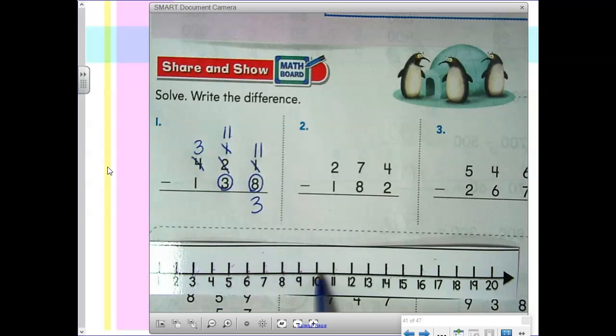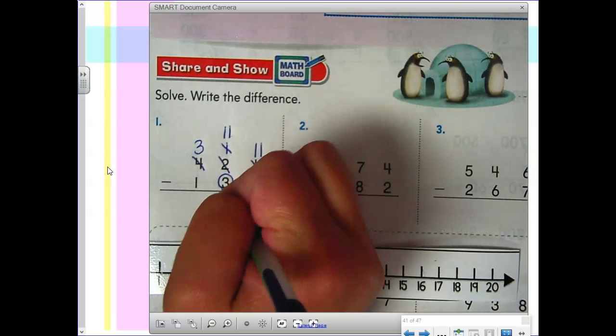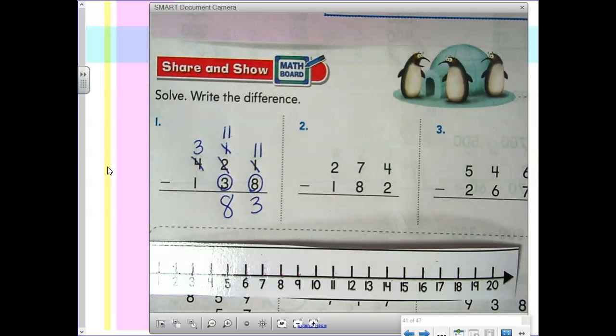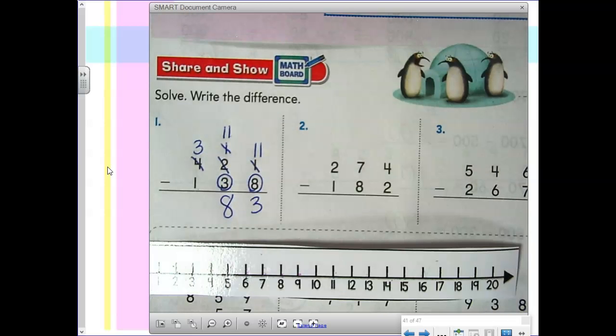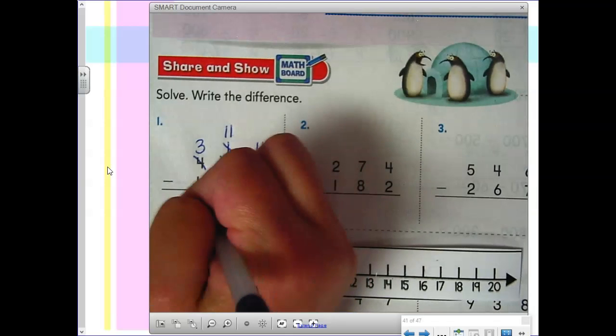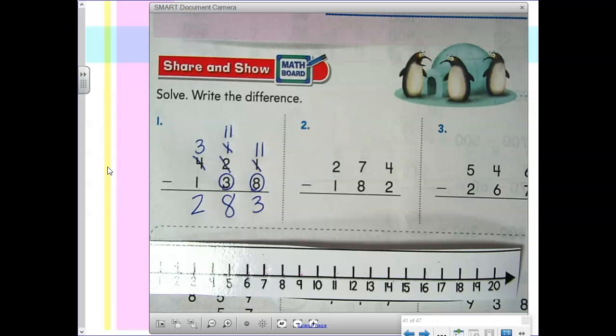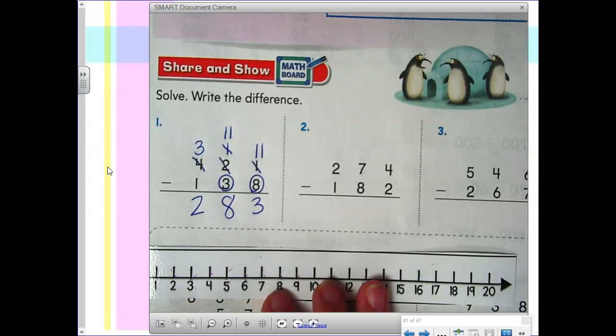Hop back 3. 1, 2, 3. 8. And then we have 3 minus 1. 3 minus 1 is 2. 283.